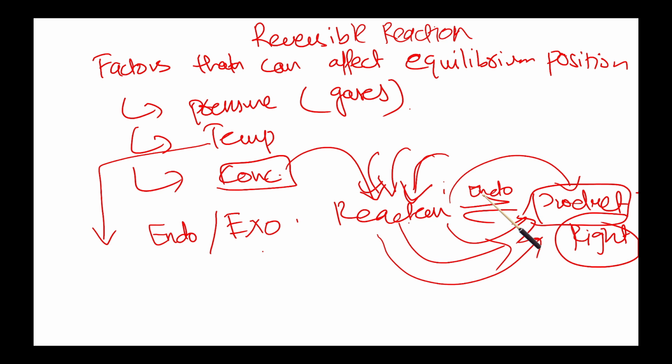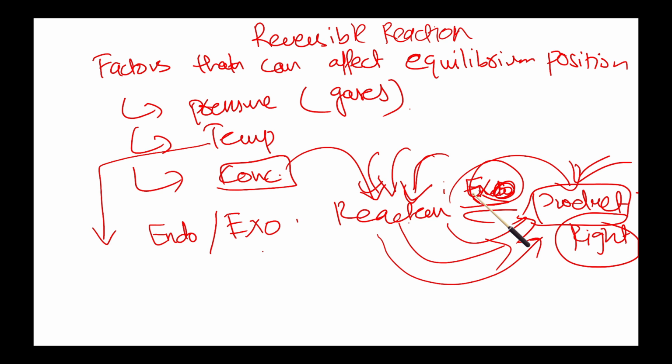So if our forward reaction is endothermic, we have to increase the temperature. If you increase the temperature, you will get more products, because endothermic reactions are always favored by temperature. But if the forward reaction is exothermic and you increase the temperature, what will happen? The product will not be made. Instead, the product will start making the reactant.